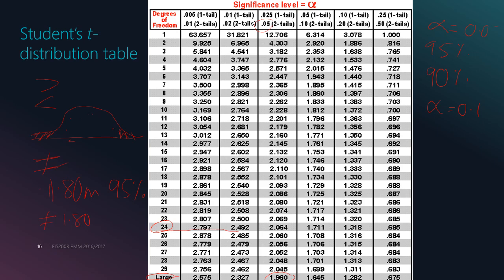Melainkan kalau yang one tail, contohnya kita dapat average score pelajar untuk satu test mesti 75. Kita 95% confidence. Tapi kita nak persoalkan how confident are we if this batch, maknanya batch yang terbaru ni lebih baik, akan dapat lebih daripada 75%.